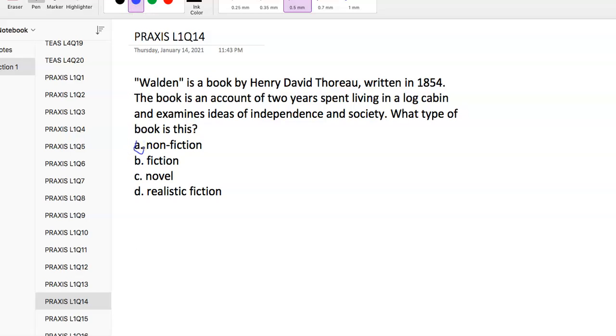And so it says right in it that it's an account of 2 years spent living in a log cabin, so that it actually happened. It's not some made up story. Nonfiction is the branch of literature dealing with or offering opinions or conjectures based upon facts and reality, and these should include biography, history, or essays.